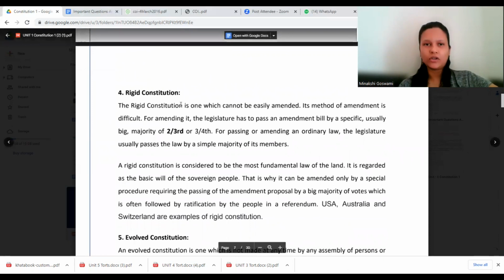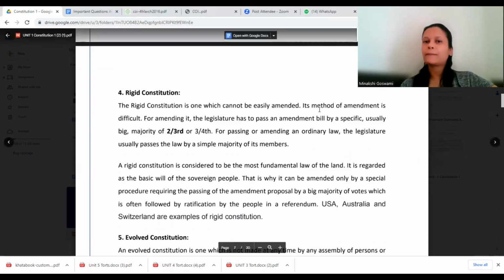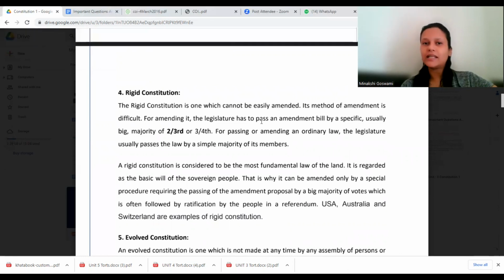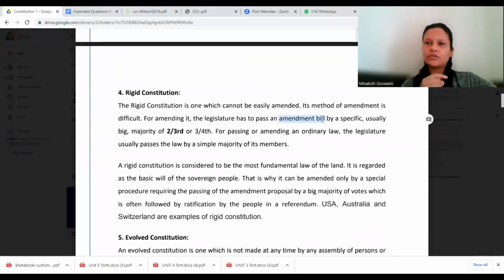Now, what is a rigid constitution? Rigid is one which cannot be easily amended. It is difficult to make changes in the constitution. Its method of amendment is difficult. For amending it, the legislature has to pass an amendment bill. Okay, an amendment bill will be introduced, like the first Constitution Amendment Bill, year 1951.